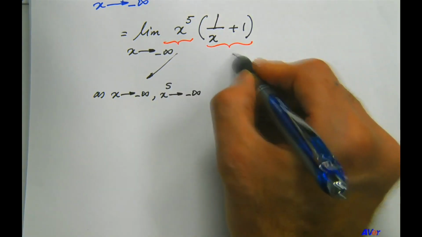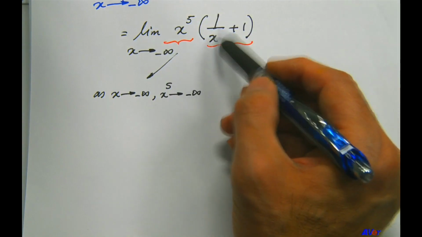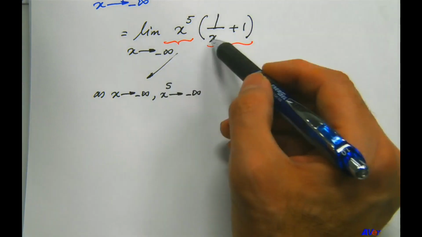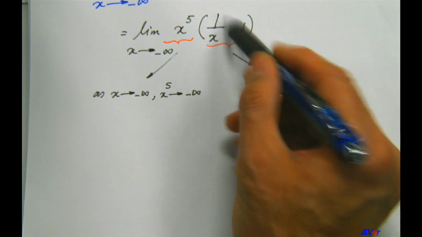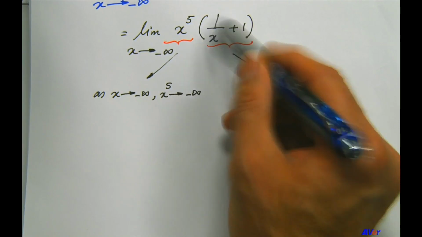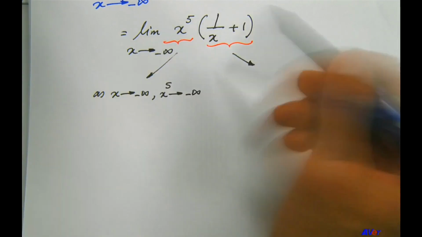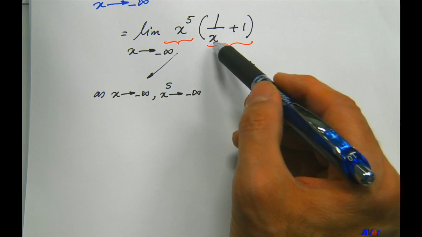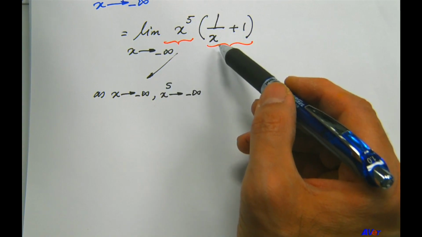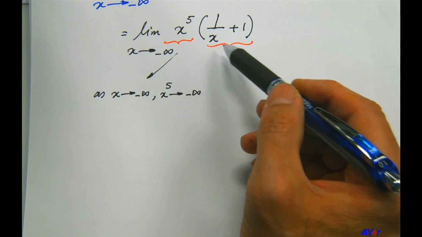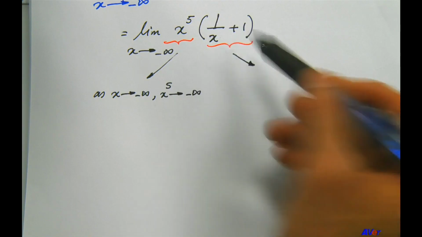So how about this one? Well, once again, as x approaches negative infinity, it's interesting because this piece approaches 0, right? It approaches 0 from the negative side, negative values that approach 0. So minus 0.00001, minus 0.000000002, like that, okay?